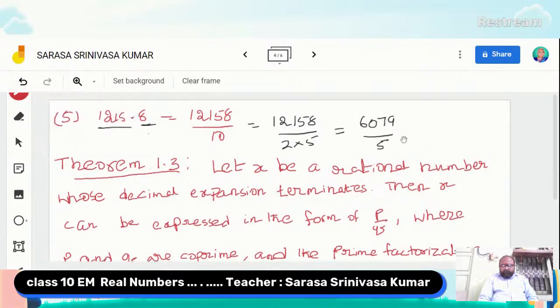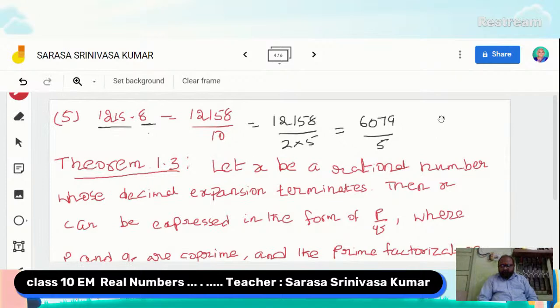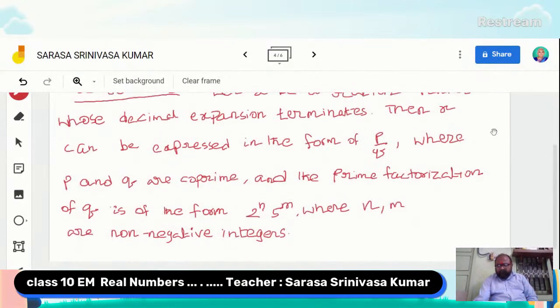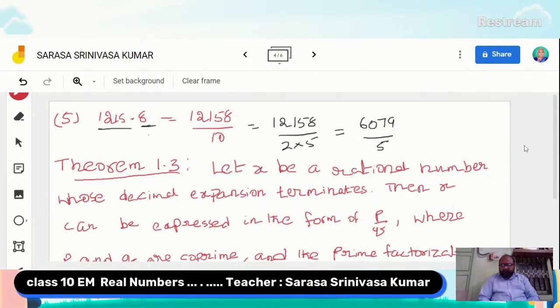here we have 5. 5 is of the form 2 power n multiplied by 5 power m.